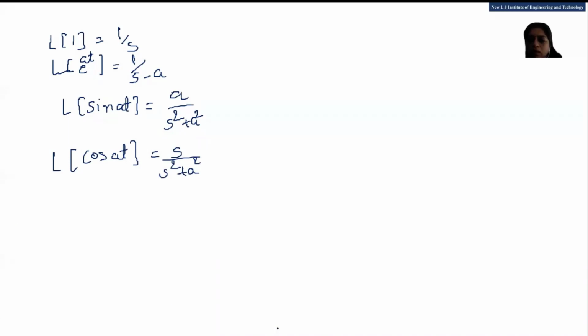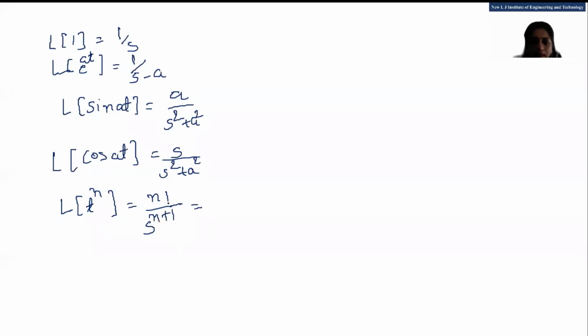Next, Laplace of t raised to n. There are two different formulas, right? If our n is a whole number, then that is n factorial upon s raised to n plus 1.